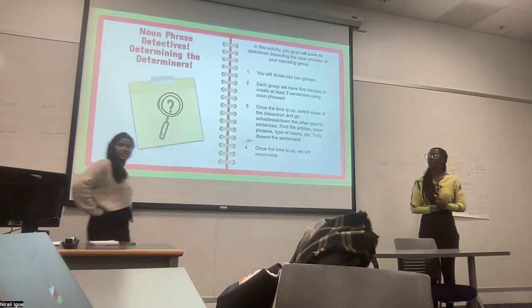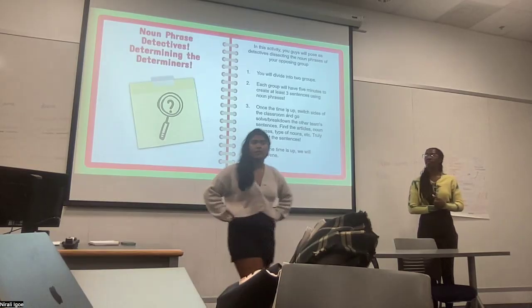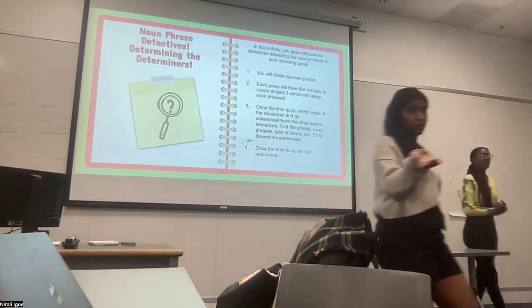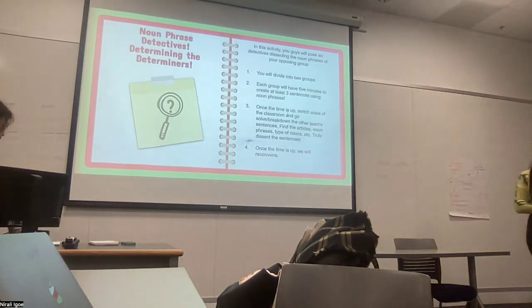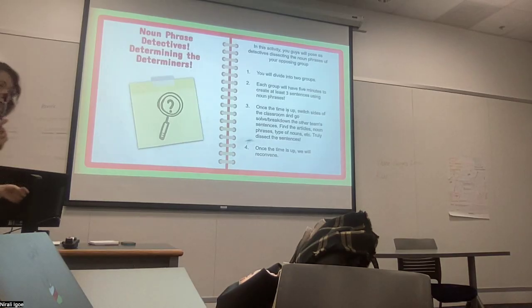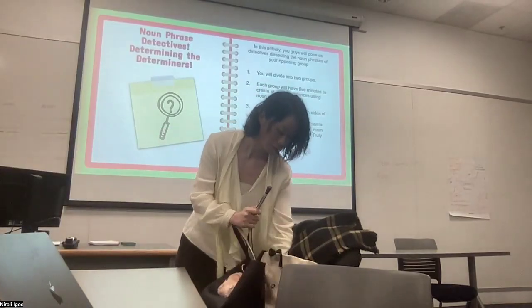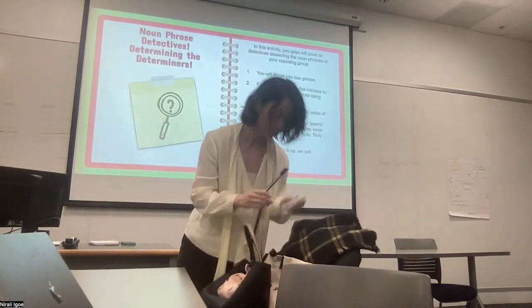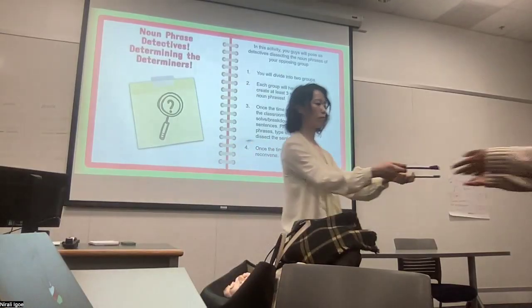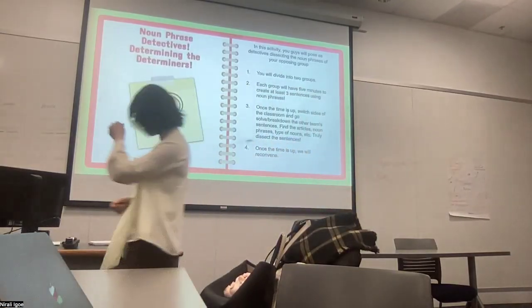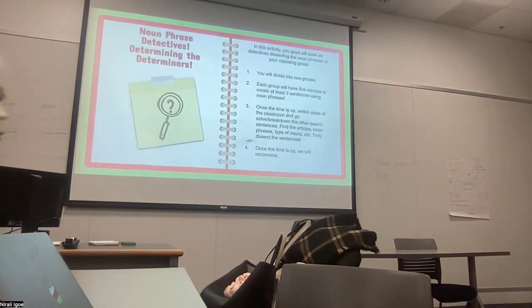We can do our writing just on paper or your computers if you'd like, and then you can just share verbally with your group. I also have markers, so if you want to use the boards, we can absolutely do that. We can just put it this way, down the middle: this team can put their sentences here, and this team, you put your sentences there.